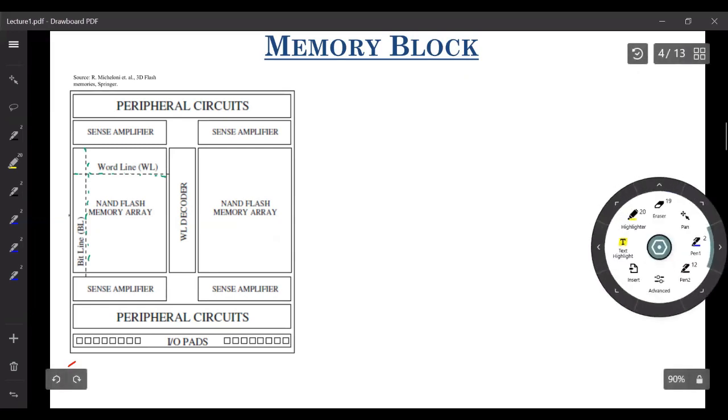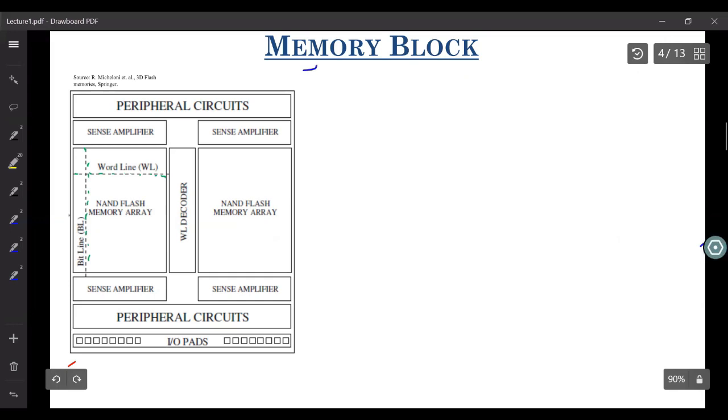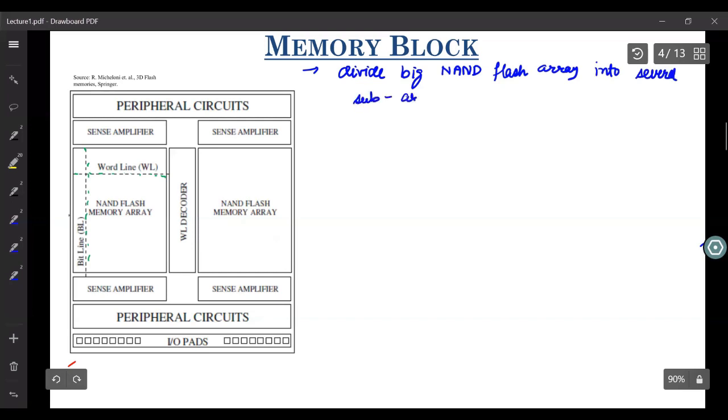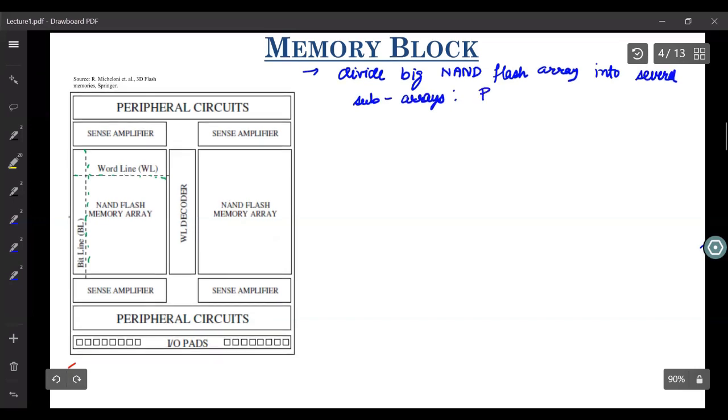What people do is divide a big NAND flash array into several subarrays, and these subarrays are known as planes.